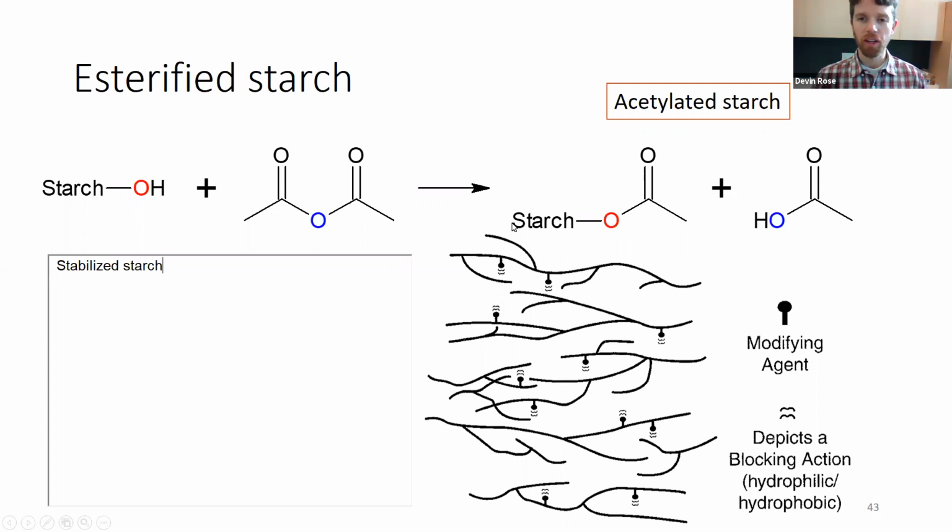So when we do that, we will introduce these, shown here in this picture, these blocking groups, which because of this methyl group here have some hydrophobic characteristic to them, and they're also bulky. And so we prevent retrogradation, which means that we prevent syneresis.